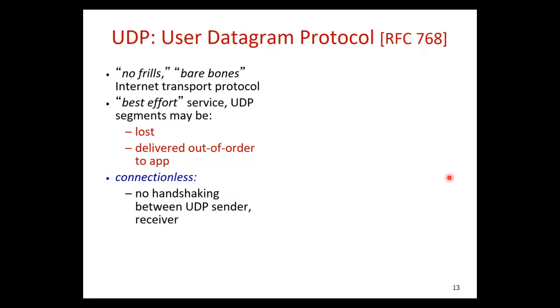But the upside of UDP is that it is connectionless, meaning you don't need to do handshaking to set up any kind of connection before you can send data. And also, each packet or segment is handled independently of the other segments.